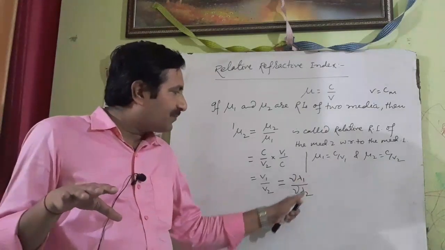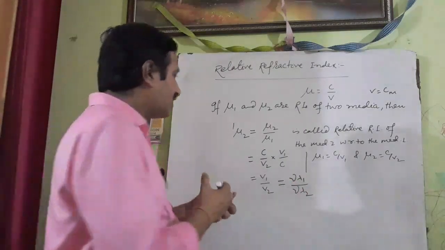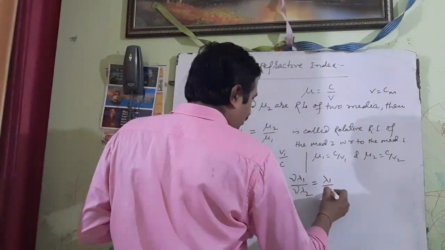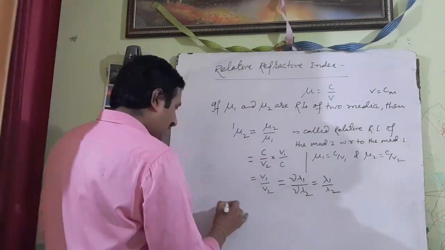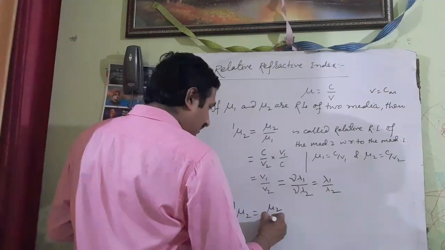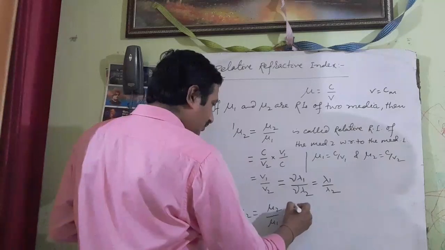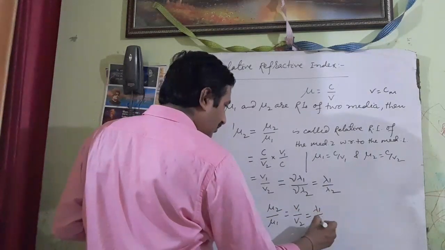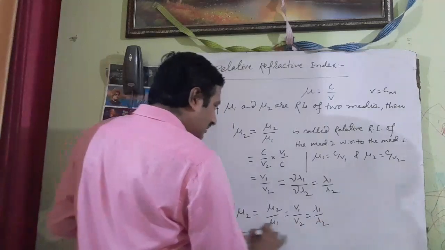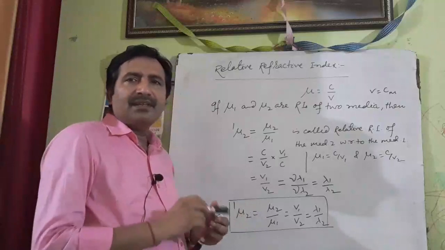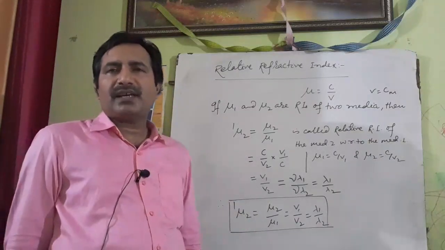So it is equal to lambda1 by lambda2. So in general you can write 1mu2 is equal to mu2 by mu1 is equal to V1 by V2 is equal to lambda1 by lambda2. Is it clear? This is the relative refractive index of the second medium with respect to the first medium.